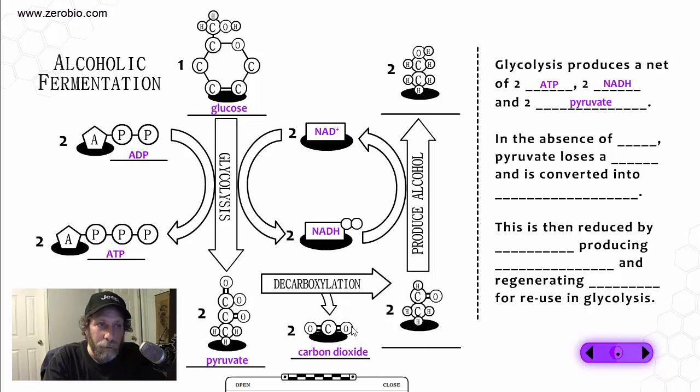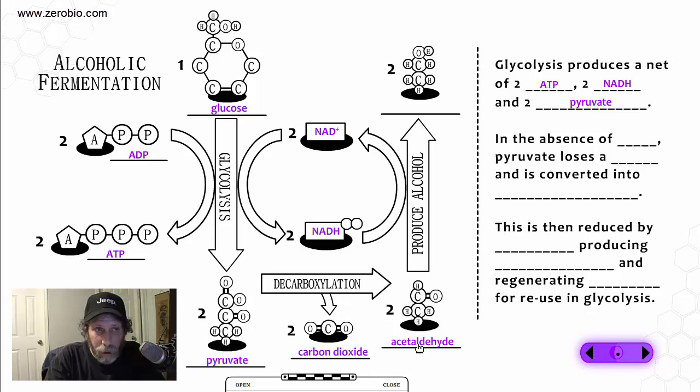The removal of CO2, which is essentially a carboxyl group, is called decarboxylation. The decarboxylation of pyruvate leads to this product, which is an aldehyde. See the C double bond O and the H. This is called acetaldehyde. So the first step of alcoholic fermentation after glycolysis is the production of acetaldehyde by decarboxylating pyruvate.